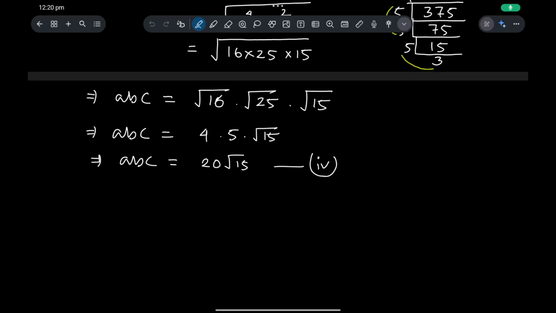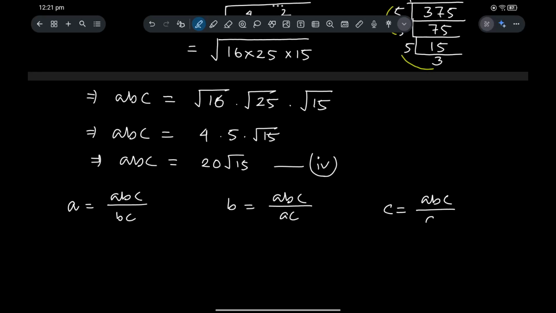Now to find A, we can write A equals ABC by BC. To find B, we write ABC by AC. To find C, we write ABC by AB. So here ABC equals 20 into root 15 by BC.